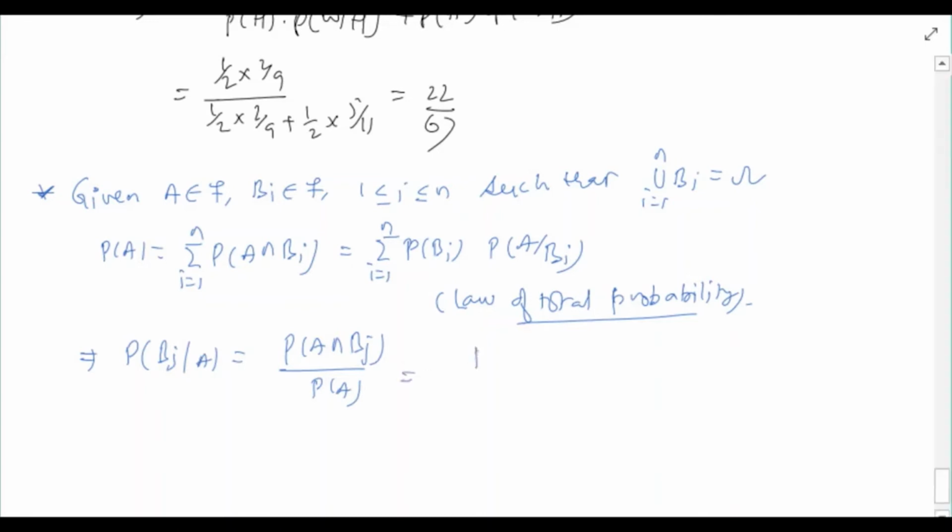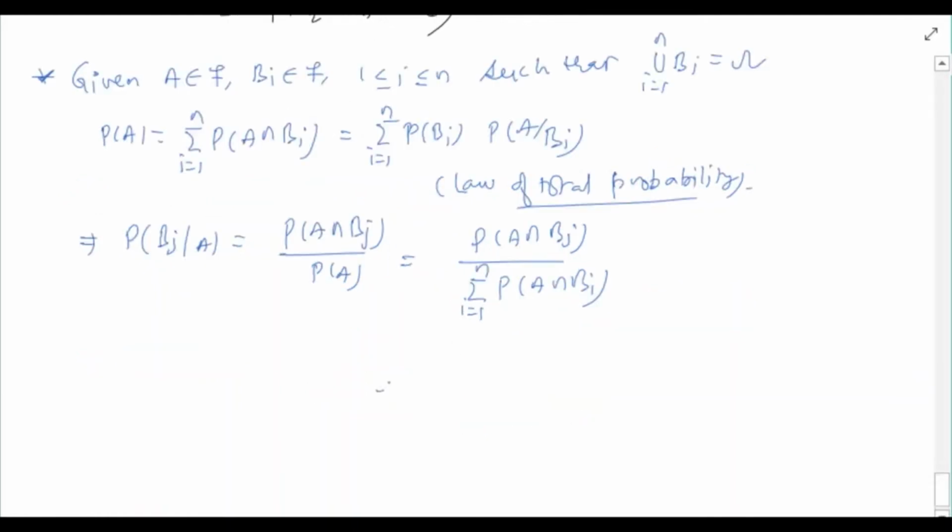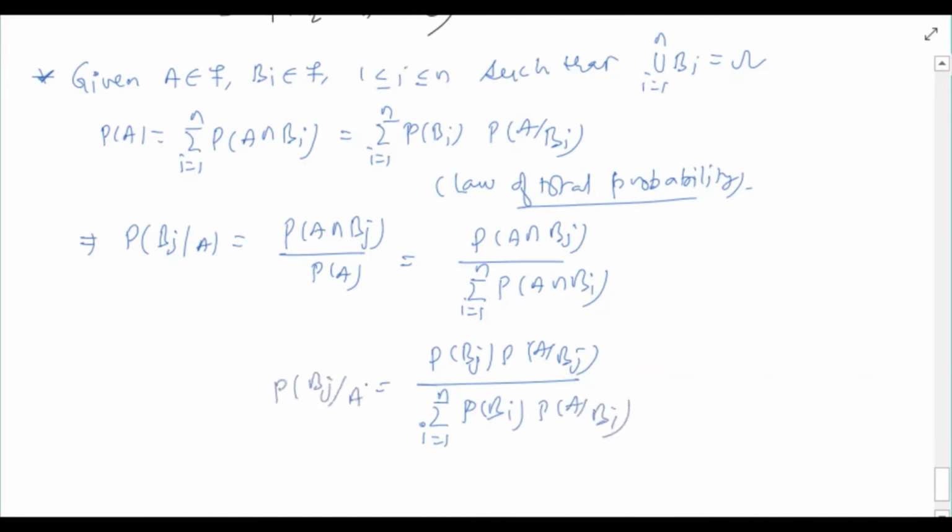This in turn is equal to the probability of A intersection Bj divided by the summation over i equal to 1 to n of the probability of A intersection Bi, which in turn can be written as the probability of Bj times the probability of A given Bj, divided by the summation over i equal to 1 to n of the probability of Bi times the probability of A given Bi. This equality is a generalization of Bayes rule to more than two events.